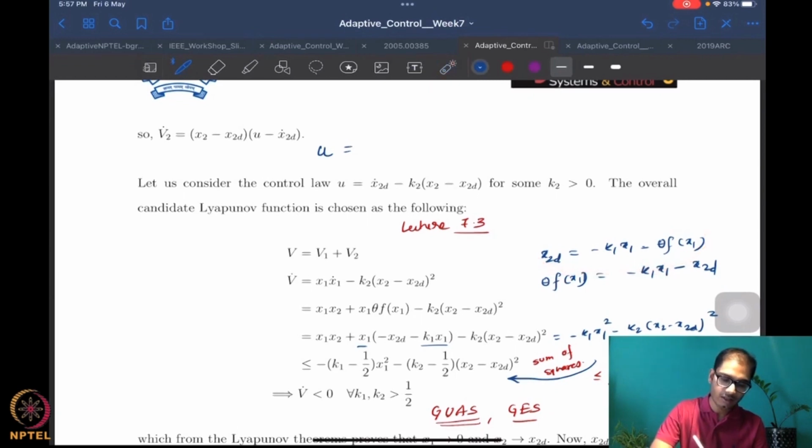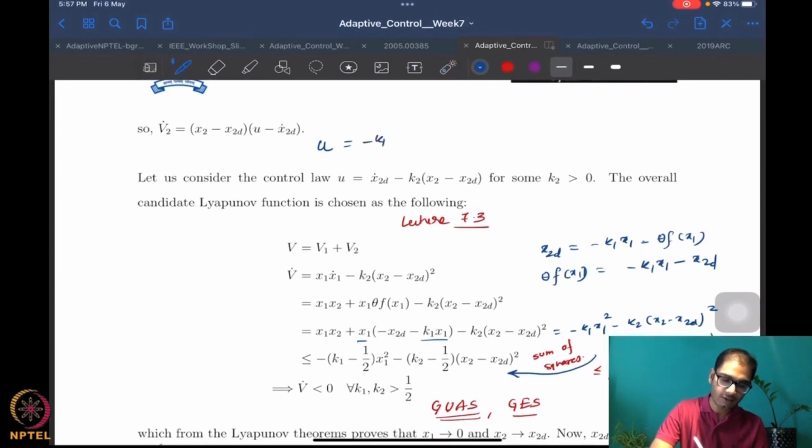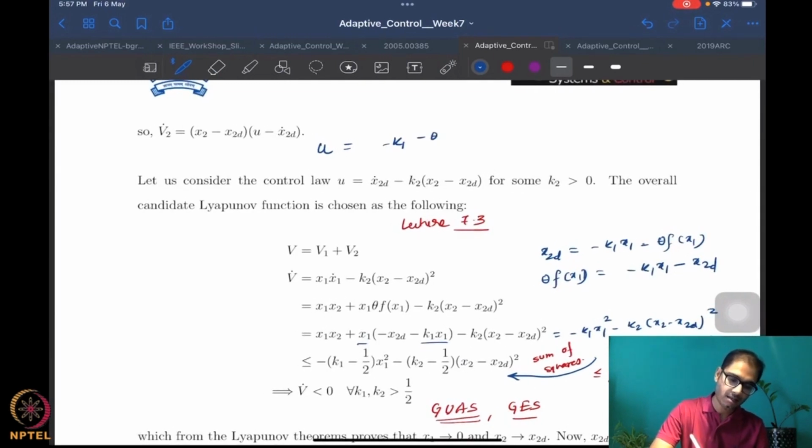So this is minus k1 x1 dot, which is minus k1 x2, and this is minus theta f dot, which is partial of f with respect to x1 times x1 dot. There is x1 in both. So this is minus k1 minus theta partial of f with respect to x1, times x1 dot.